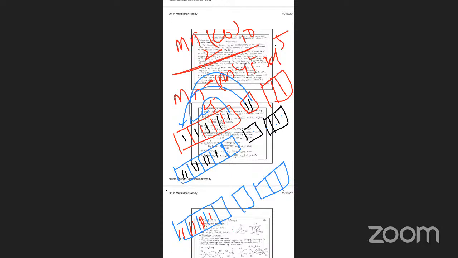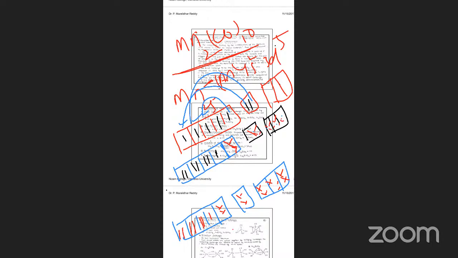What about the 10 COs? Each CO donates an electron pair. One manganese is approached by 5 COs, and the other manganese is also approached by 5 COs.